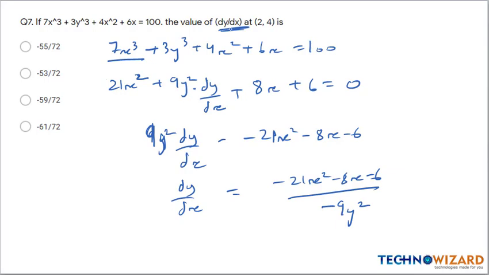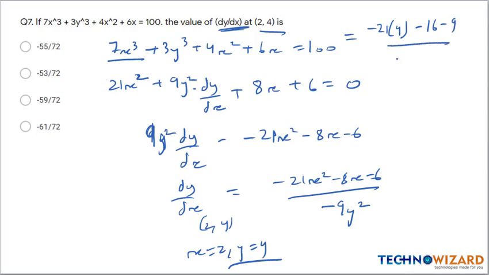Now we have to find the value of dy by dx at (2, 4). Now I am putting the value of x equal to 2 and y equal to 4. On putting this value, you will get minus 21 into 4 minus 16 minus 9 upon 9 into 16.